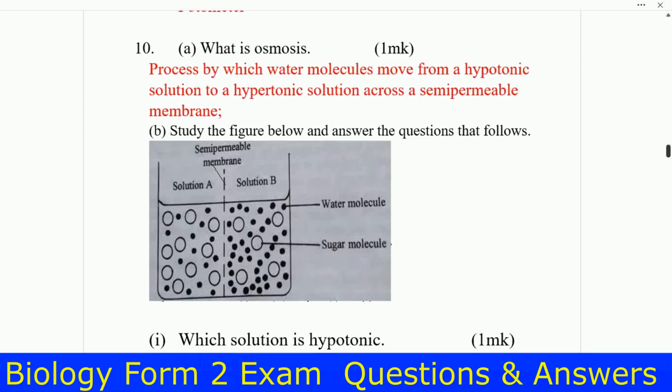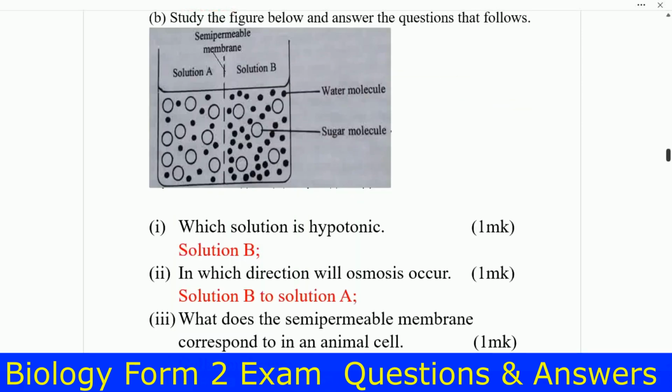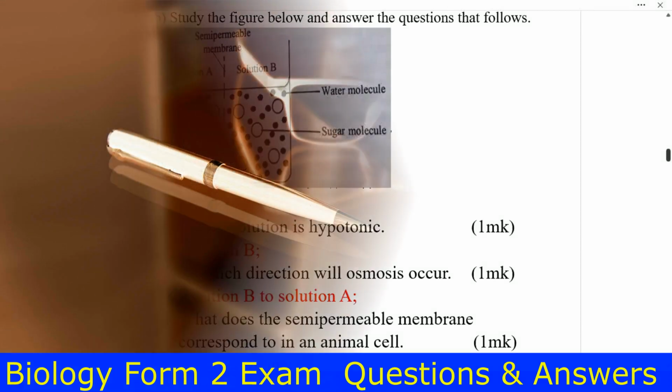So you can see a structure here. This is a figure. You're given a semi-permeable membrane in the middle of solutions A and B. You can see water molecules on solution B. There are very many. On the other side there are very few. Then you are given sugar molecules on the other side, you can see how they are.